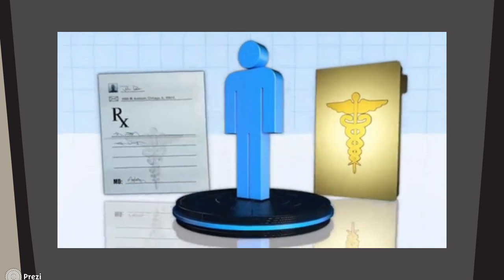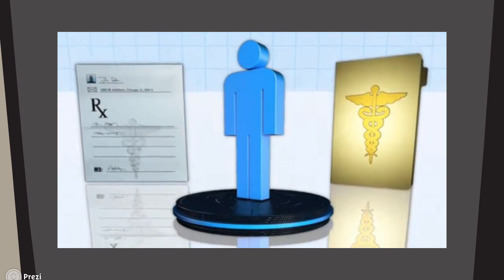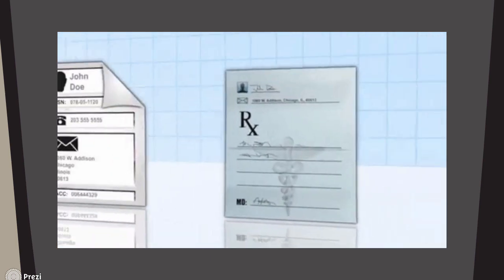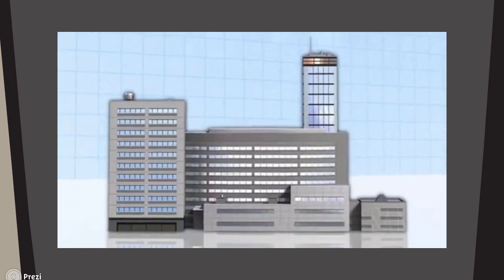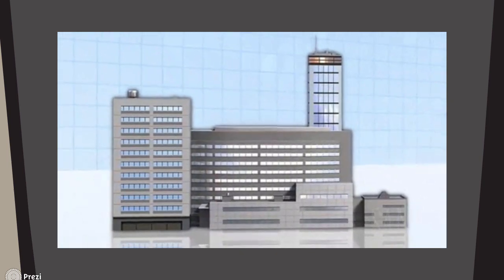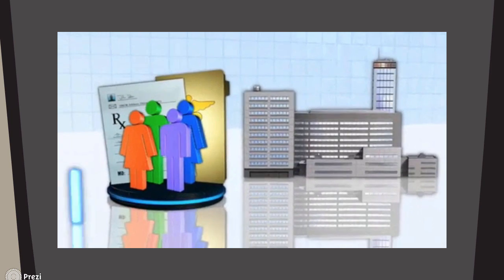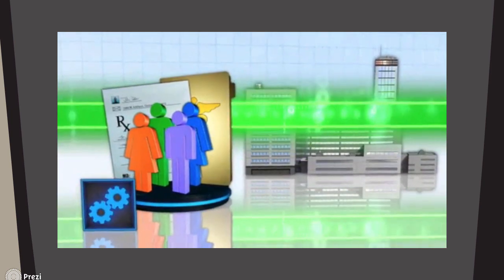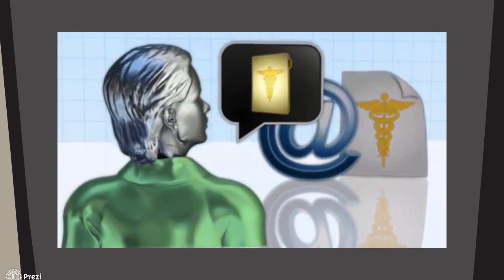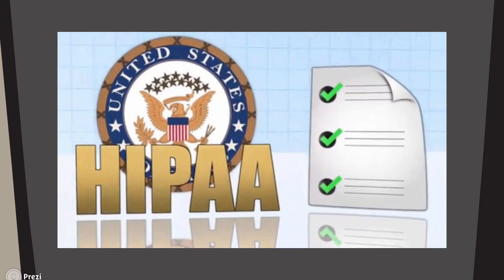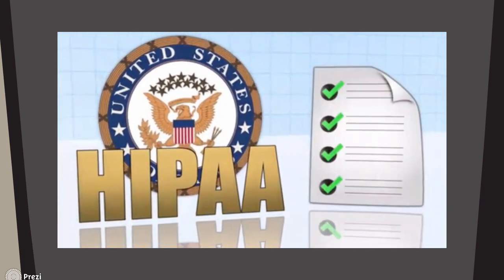PHI is defined as any piece of individually identifiable health information, such as a person's medical records or healthcare payments. The protection requirement applies to organizations like ours that store, process, or transfer patient information in electronic, paper, or oral form. The HIPAA regulations have been amended and updated many times.